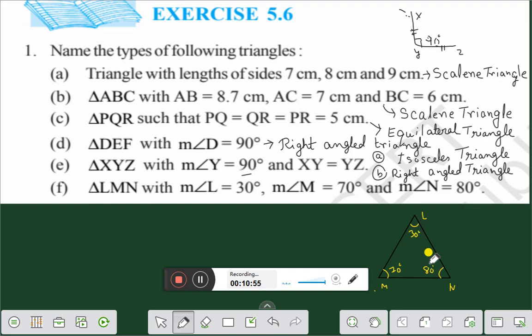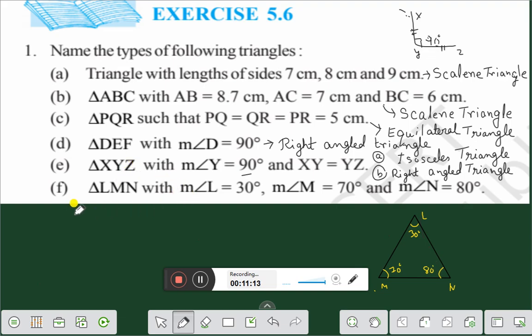Right? Here you see that all the angles, that is three angles, 30 degree, 70 degree and 80 degree, all the angles are less than 90 degree. Therefore, based on angles, the name of the triangle will be acute angled triangle. Right?